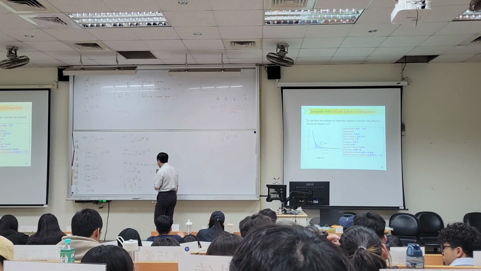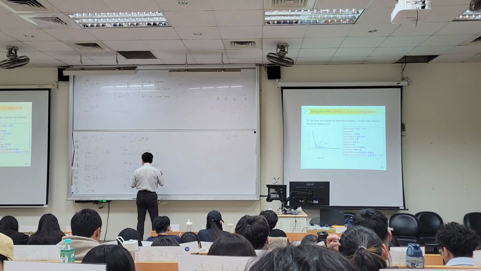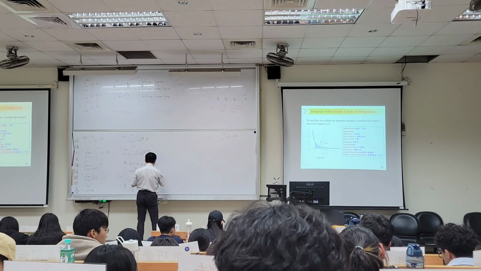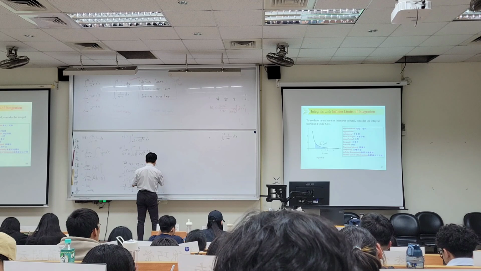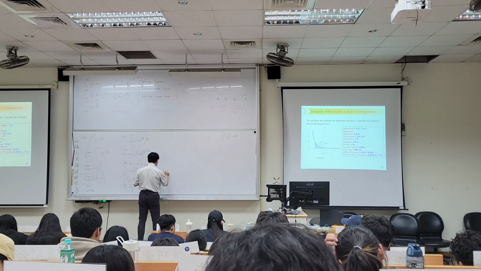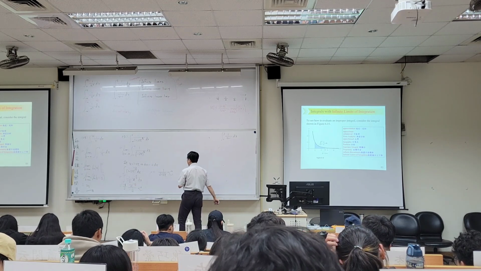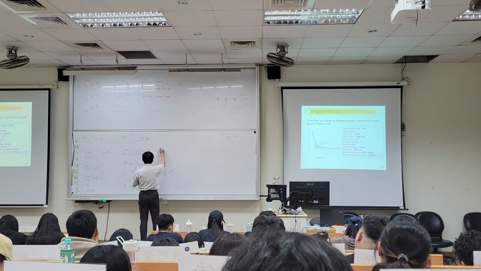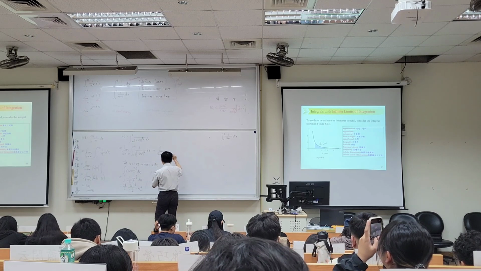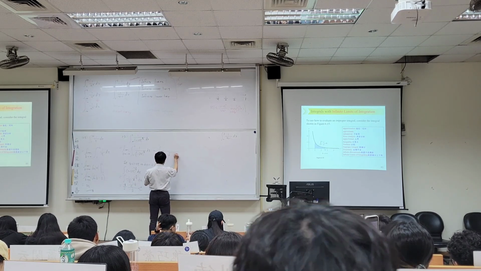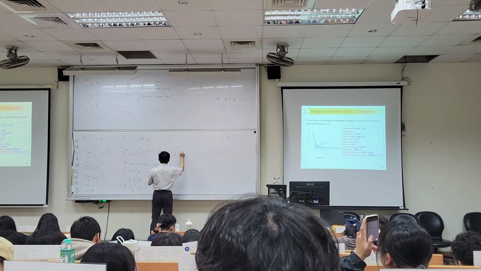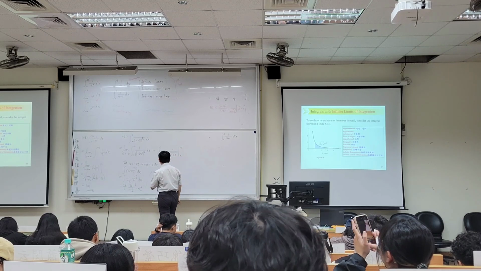So this will be equal to the limit as a goes to minus infinity of 1 divided by the square root of 1 minus 2x, integrated from a to 0.